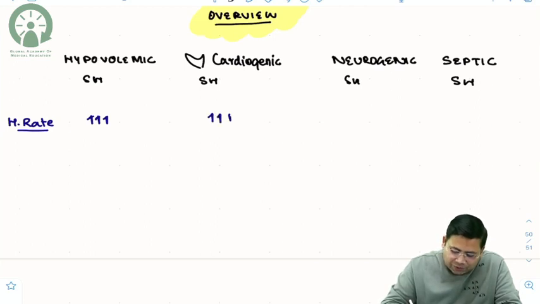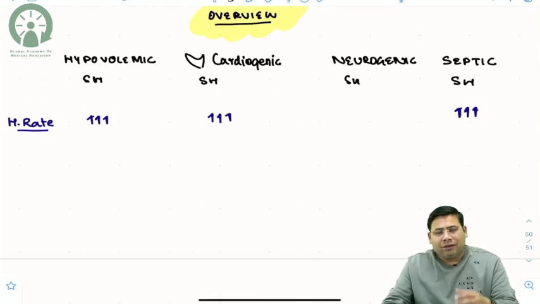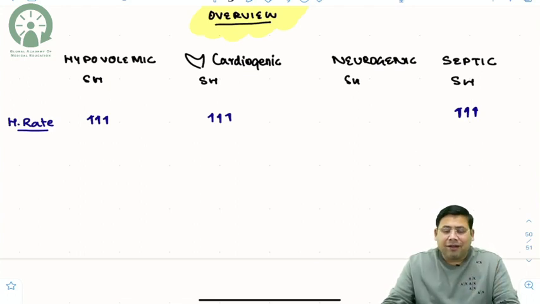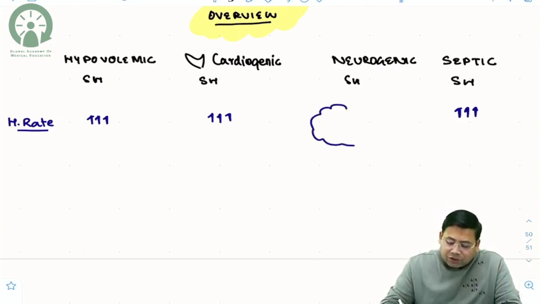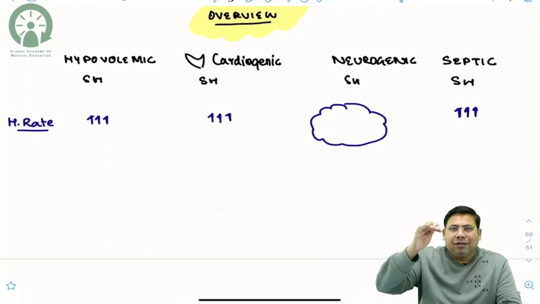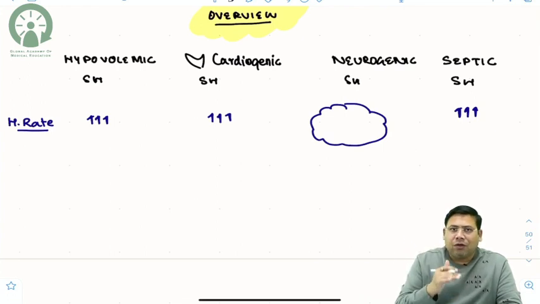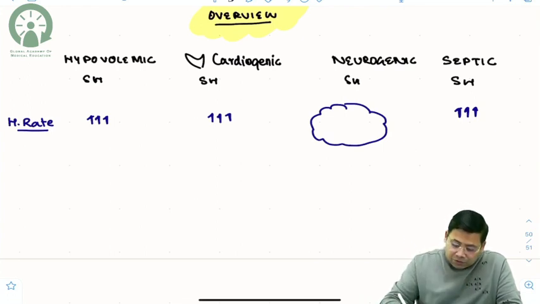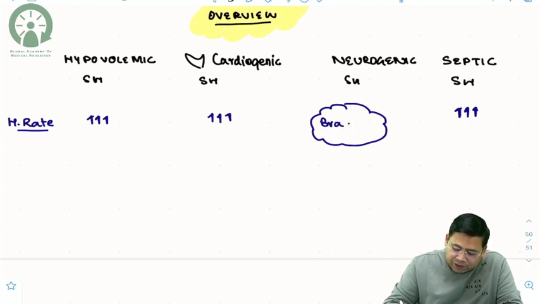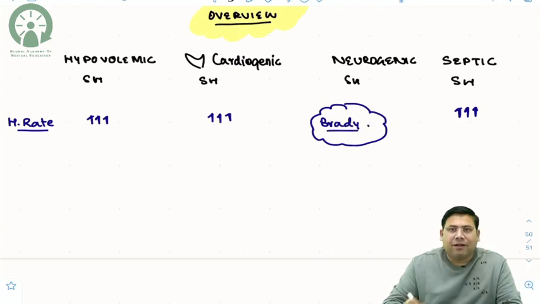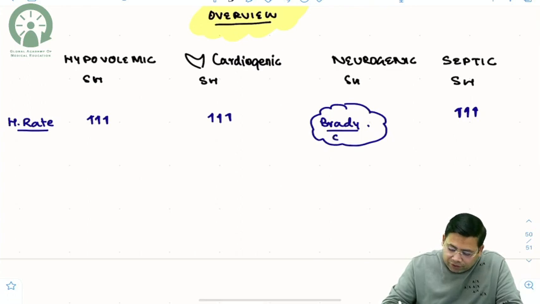In cardiogenic shock, it is going to increase. In septic shock, under the effect of toxemia, there is SIRS, systemic inflammatory response syndrome, so there is tachycardia. What happens in neurogenic shock? There is central sympathetic shutdown, or loss of sympathetic tone. So this is the only place where you get to see bradycardia. This is very important.